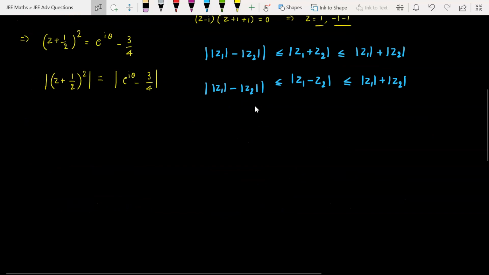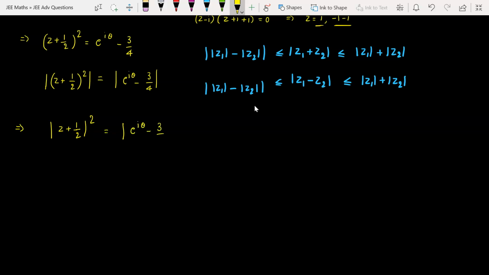If we apply triangle inequality on this, we can directly get the range of this quantity, thereby we can directly get the range of the magnitude of z plus half. So let us simplify a bit before going further. We can write this as the magnitude of z plus half whole square, because we know modulus of z square is the same as mod z whole square, that is equal to the magnitude of e power i theta minus 3 by 4.